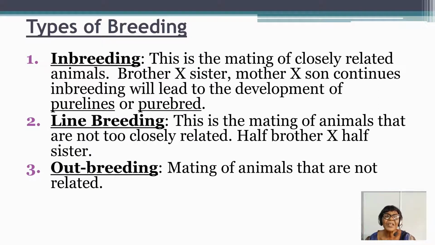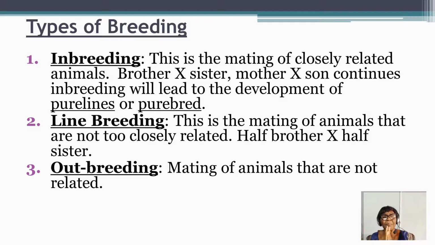In human beings, it's a sacrilege. You don't do it in human beings. It's just in animals. You don't do inbreeding in human beings. So it will lead to development of pure lines or pure breed. Because two of them, a brother animal and a sister animal, have the same traits.